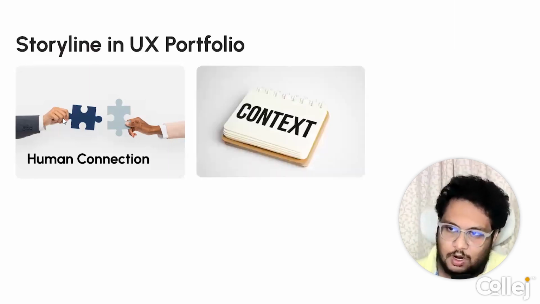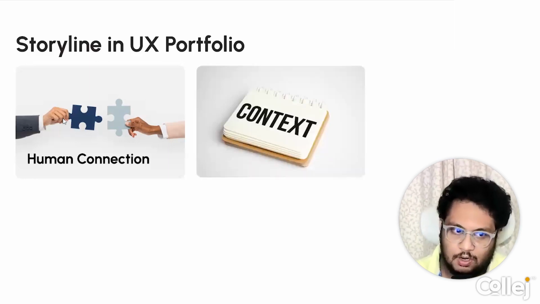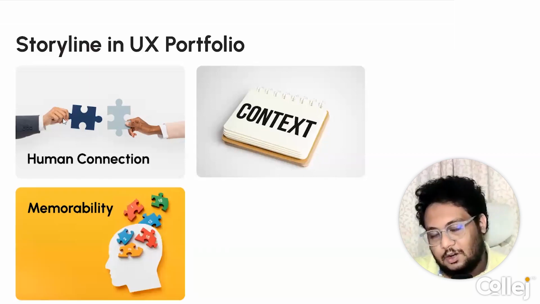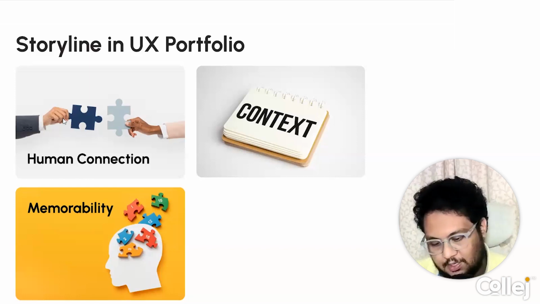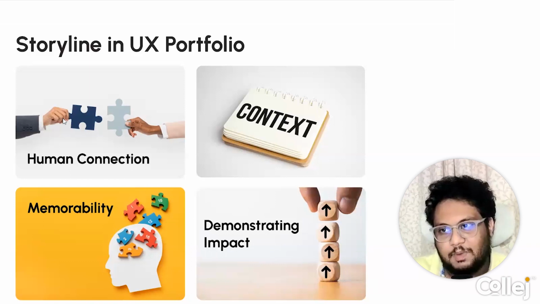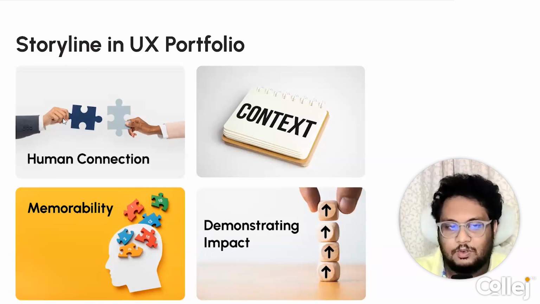And we try to set up a context about what problem we solved, and we try to make everything memorable so that the person remembers these things, and also create or demonstrate the impact using all these things, right?